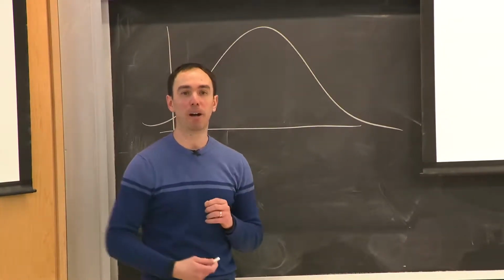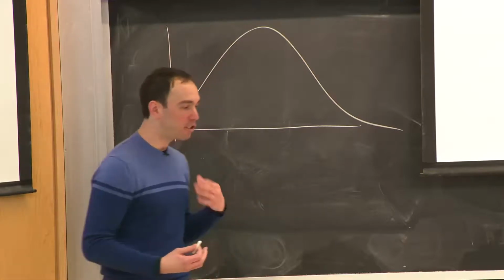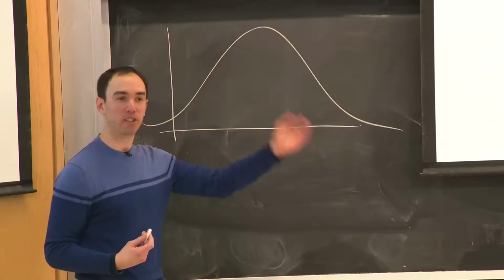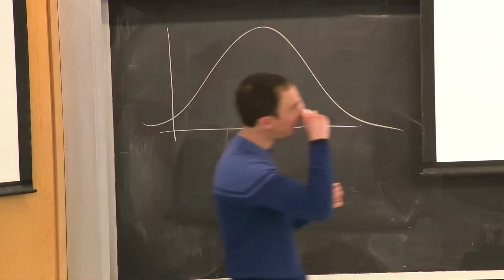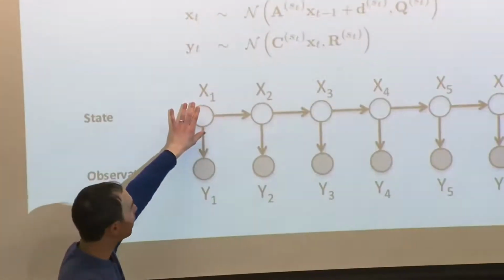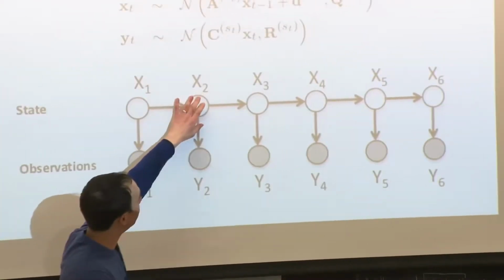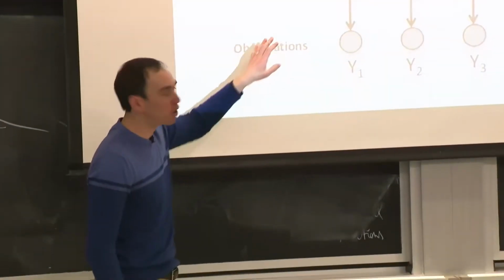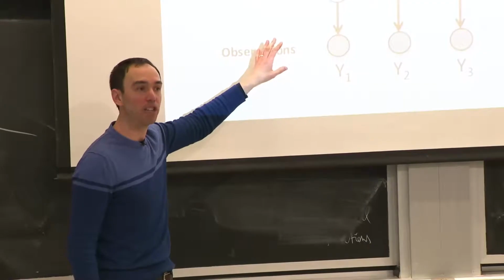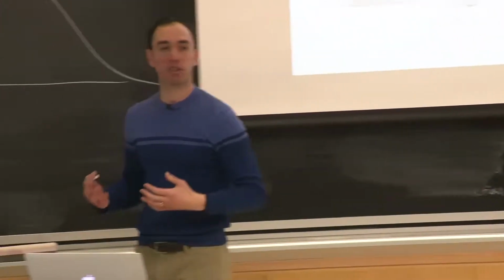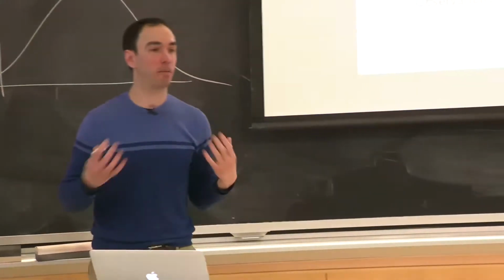In particular, we'll be thinking about how a patient's state, let's say their true blood pressure, evolves across time. And so now we're interested in not just the random variable at one point in time, but that same random variable at the second point in time, third point in time, fourth point in time, fifth point in time, and so on. So what I'm showing you here is known as a graphical model, also known as a Bayesian network. And it's one way of illustrating a multivariate probability distribution that has particular conditional independence properties.